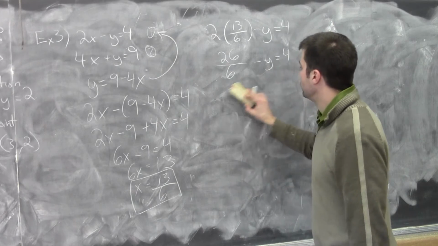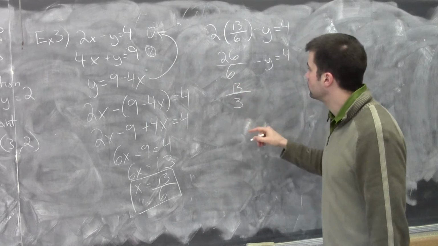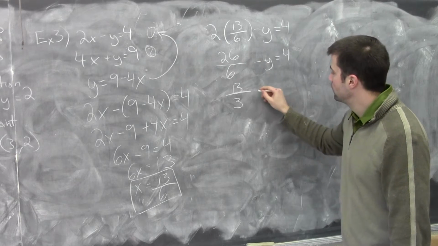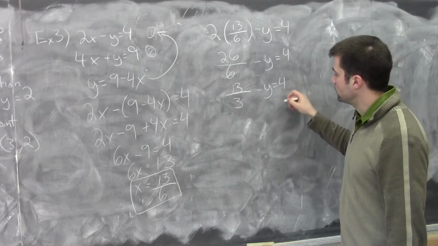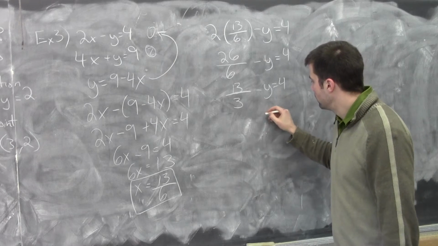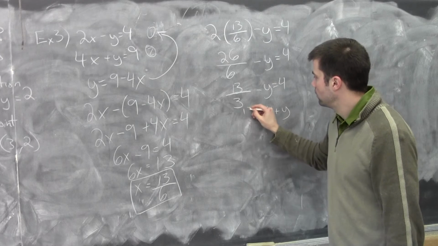Let's go ahead and reduce that. So it's going to be 13 over 3, dividing both by 2, minus y equals 4. We'll bring the y to this side now, just to make it easier. So we're going to have 4 plus y.